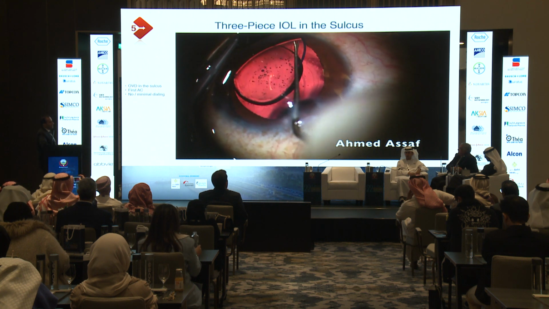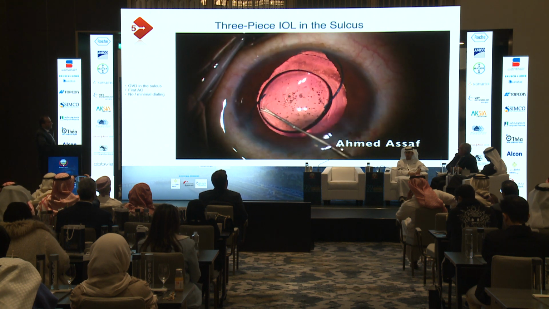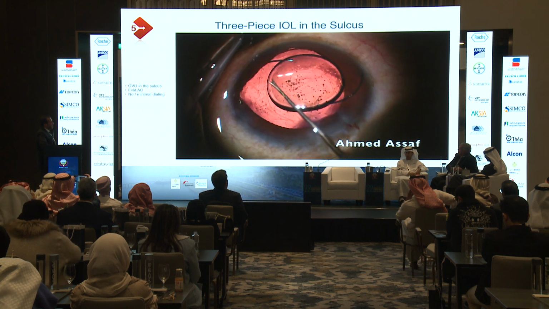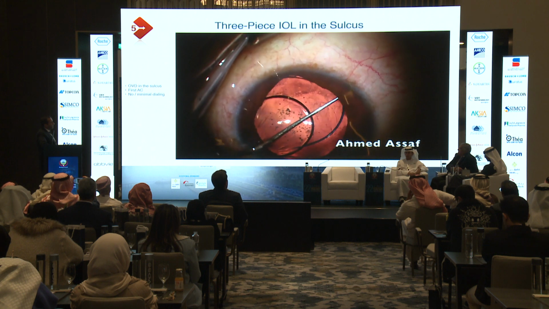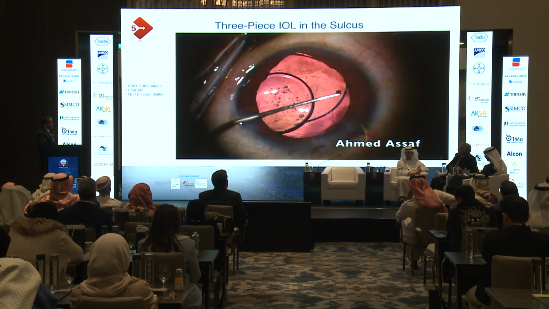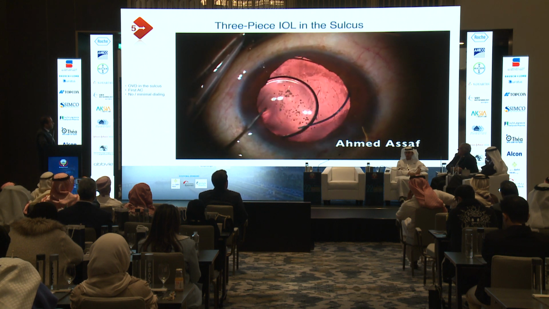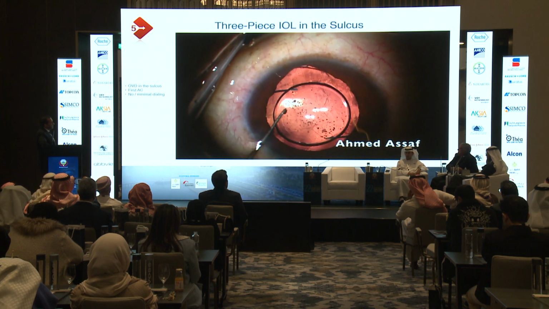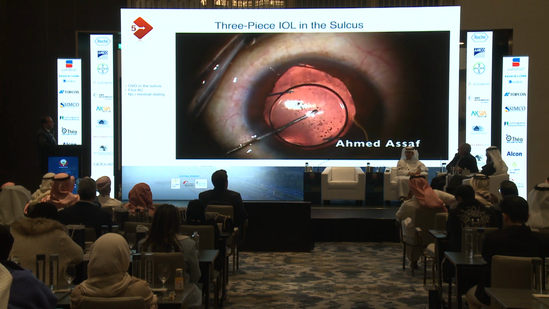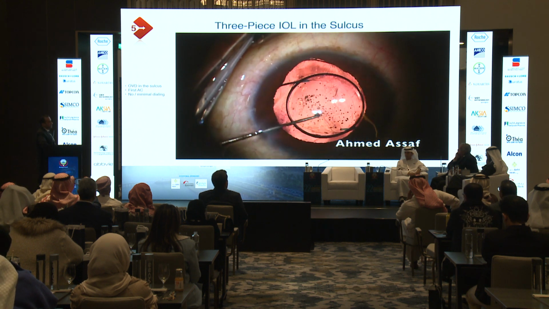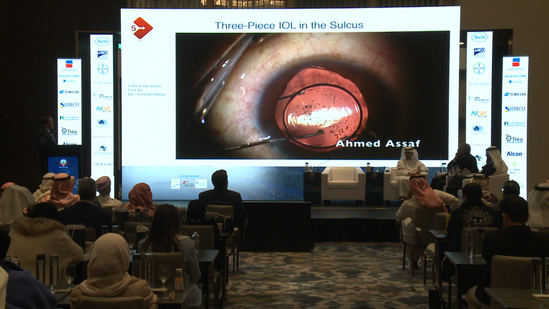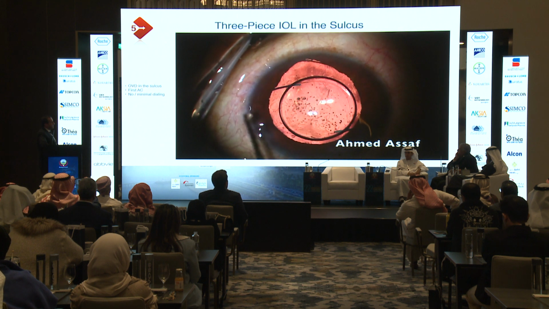You can implant it directly into the sulcus, or you can implant the lens inside the anterior chamber, and then you can do some dialing if you have clear vision with a large pupil. As you can see in this case, you can just dial the lens to put the haptics into the sulcus, or you can sometimes flex each haptic at a time with a Sinskey hook or a Coughlin hook to bring the haptics into the sulcus.